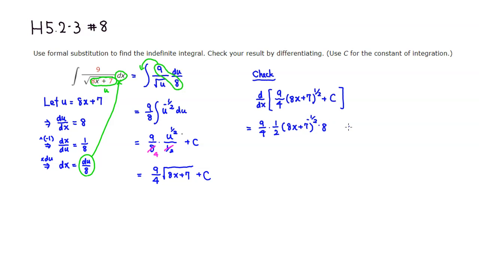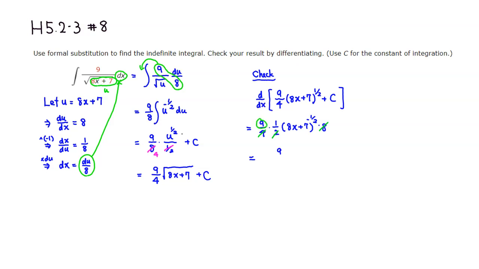And the derivative of c is 0, so I'm not going to write anything down there. Then we can clean up a bit here. 4 times 2 is 8, and there's an 8 on top, so you can cancel that. So this is going to be equal to 9 on top. Maybe I should circle that so that I don't miss anything here.